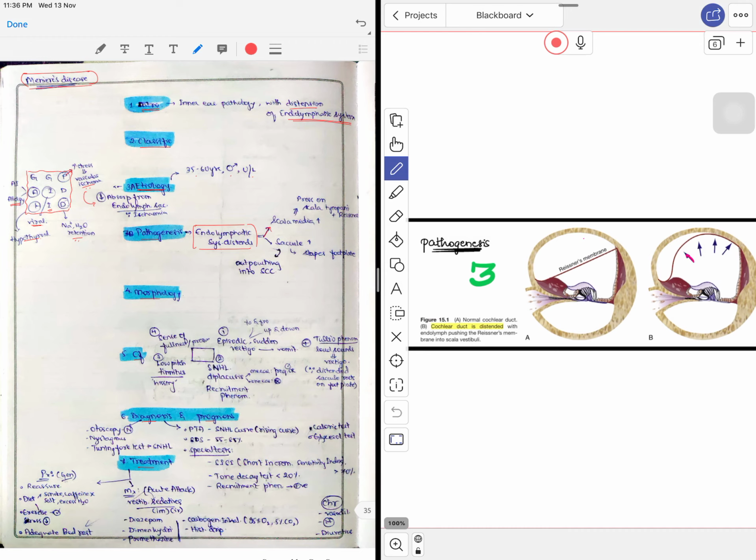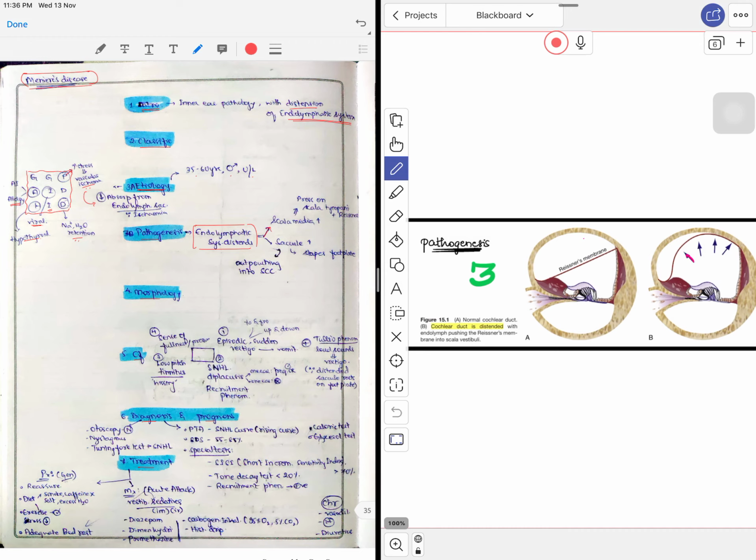Also the saccule size goes on increasing, and this is going to press upon the stapes footplate, and also it is going to create an outpouching into the semicircular canal.